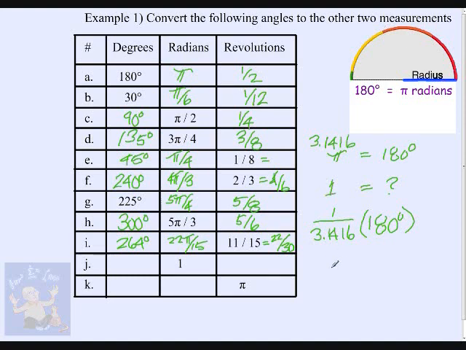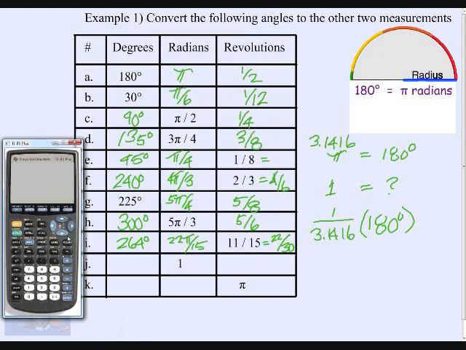So let's see what we get. 1/3 of 180, of course, we know it's 60. Let me pull my calculator up again because that might be useful here. I don't want to do this in my head.